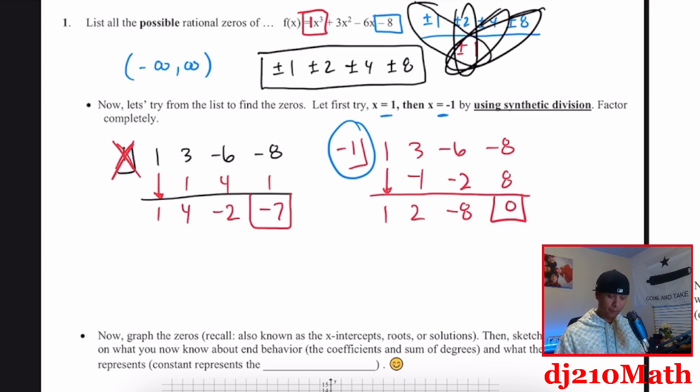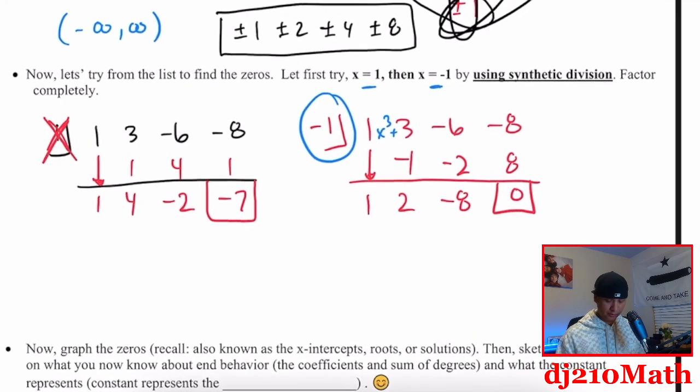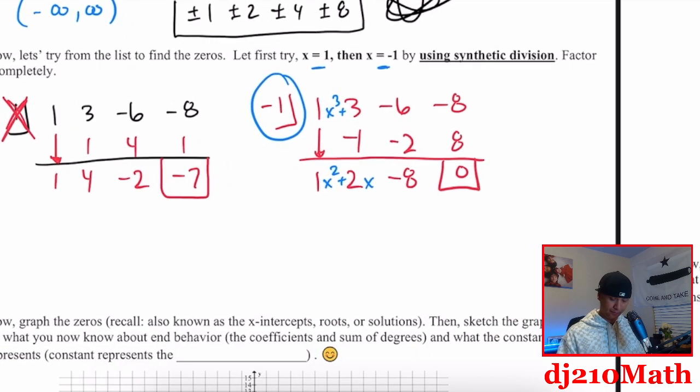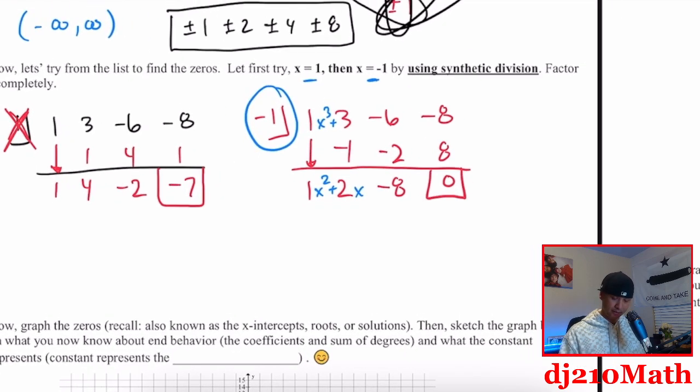So what happens is this was x to the 3. That was the original degree. Well, when you do synthetic division, if you recall, the answer that you get is always 1 degree less. So what this is saying is that this is a quadratic, right?